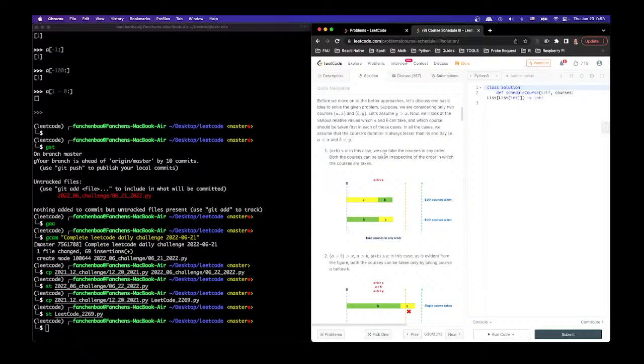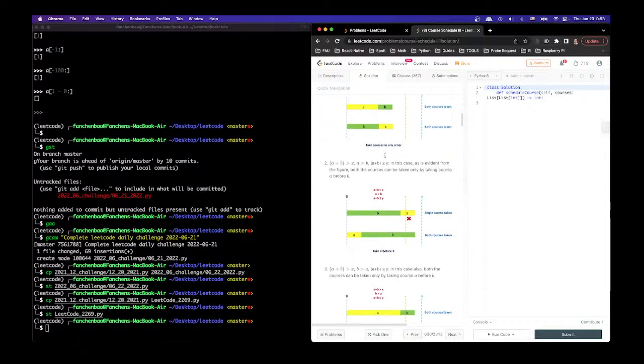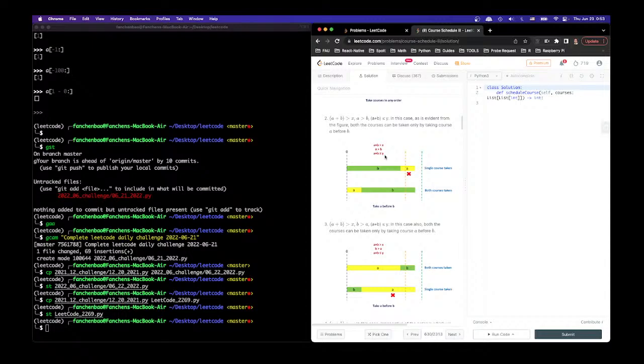But if we take A first, then take B, we can take both classes. So taking the smaller first is more viable.